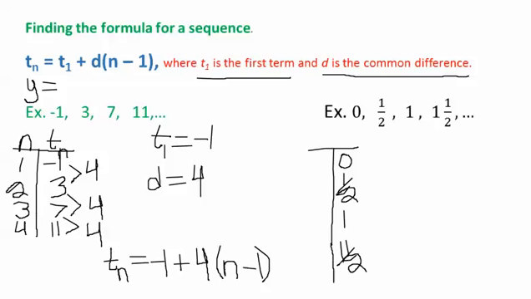And then I'm going to number my terms. Remember, starting with 1, because that's the natural number you start counting with. You have your first term, your second term, your third term, and your fourth term.